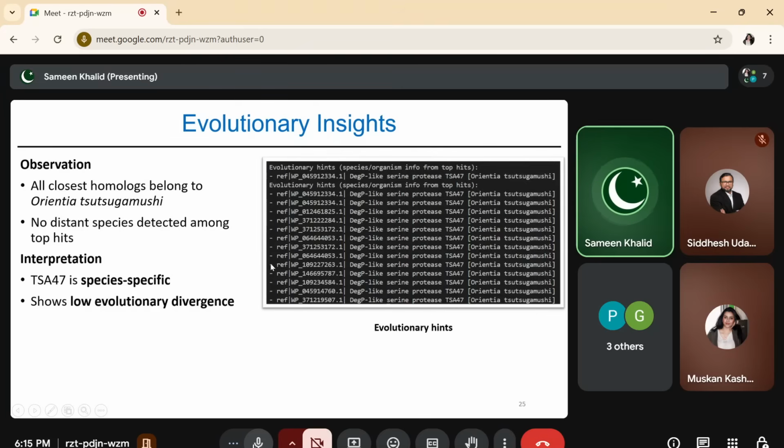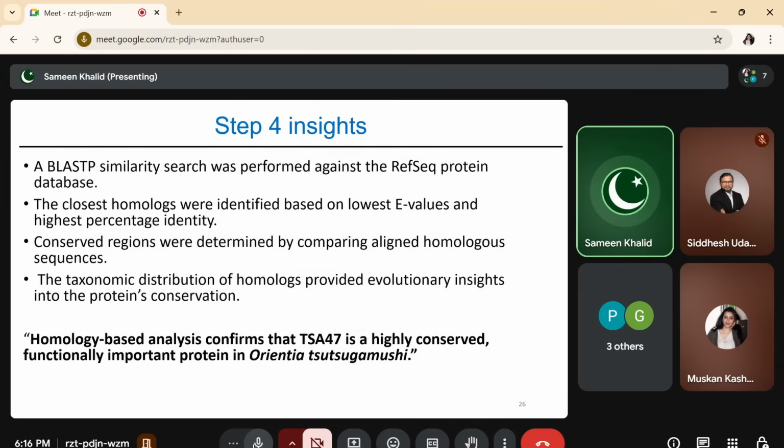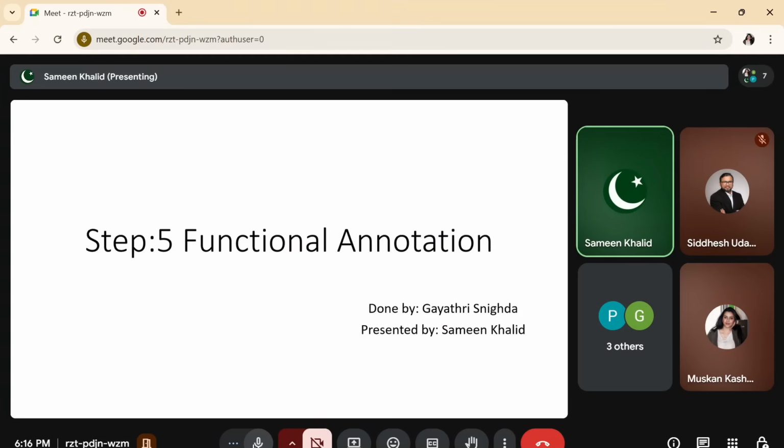So what we can interpret is that TSA47 is species specific, which technically means that it is only found in Orientia tsutsugamushi, and it all shows low evolutionary divergence. So basically, in this insight, we can infer that homology-based analysis confirms that TSA47 is a highly conserved, functionally important protein in Orientia tsutsugamushi.